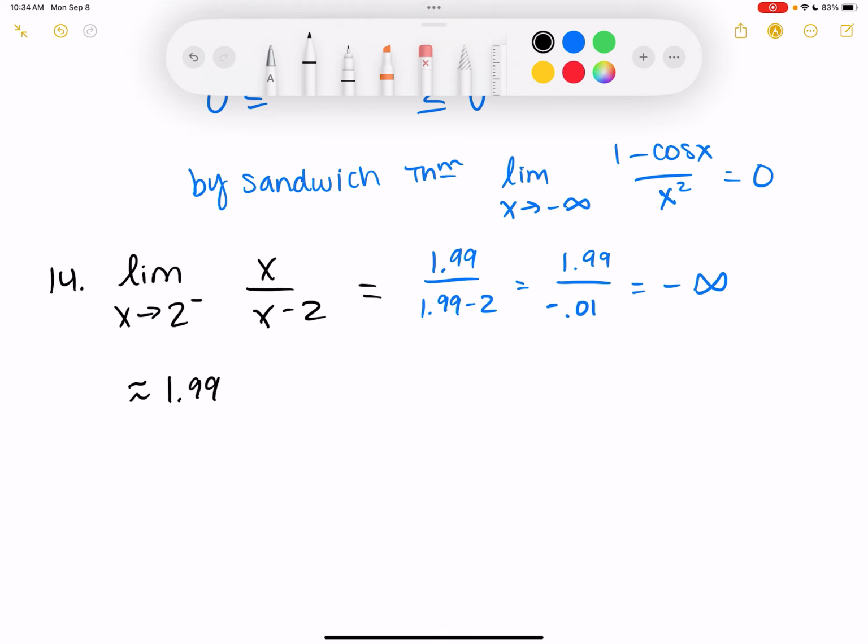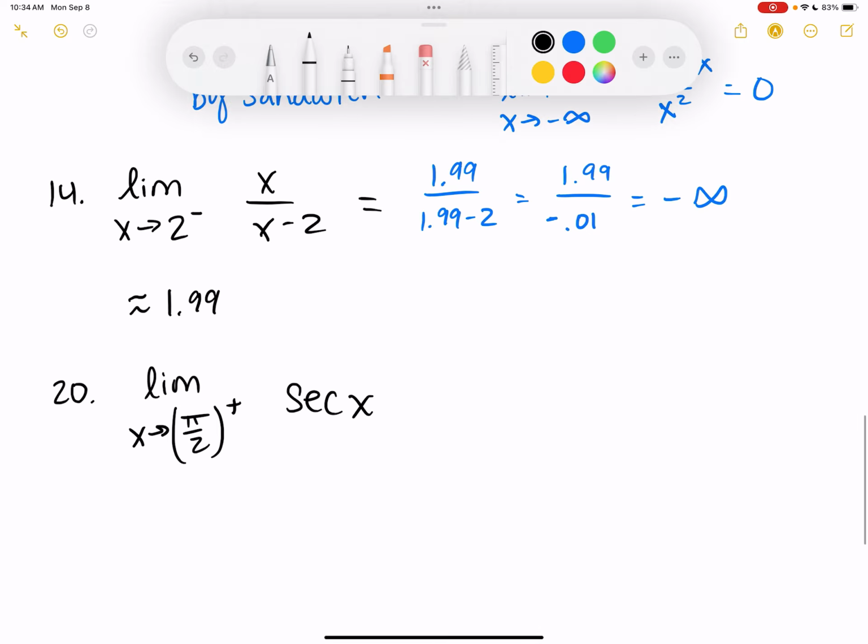20. The limit as x approaches pi over 2 from the right of the secant of x. Normally if they do something like this, they're going to put the pi over 2 in parentheses just so that it's clear what it's going for. So the secant of pi over 2 is 0, right?